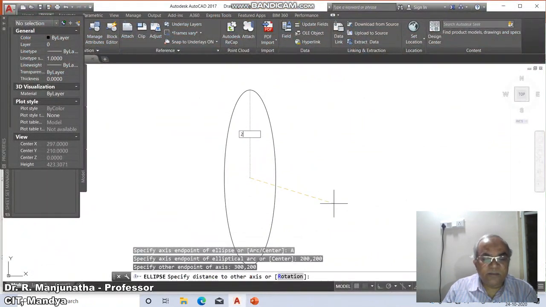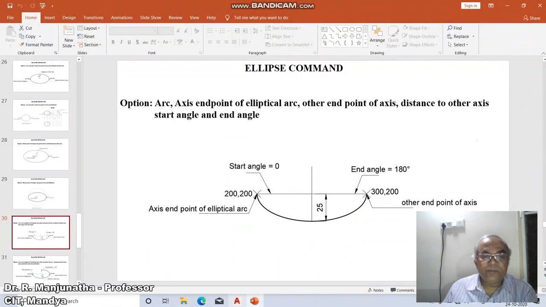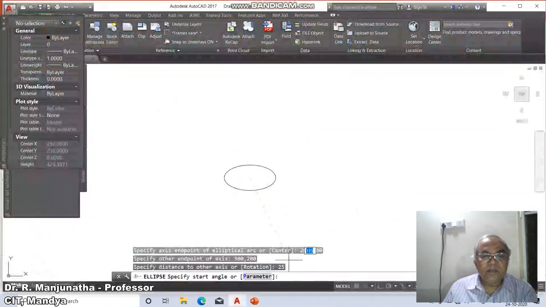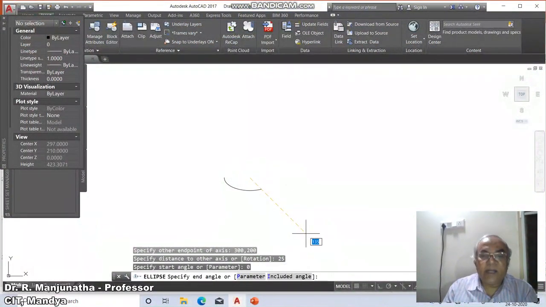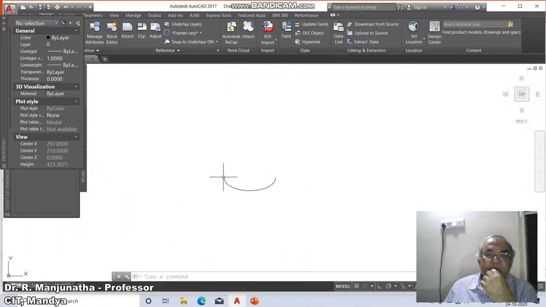Then we have specify start angle. I will consider the start angle as 0 and the end angle as 180. So it will draw the ellipse in the downward direction. That is basically because the ellipse is drawn in the counterclockwise direction.